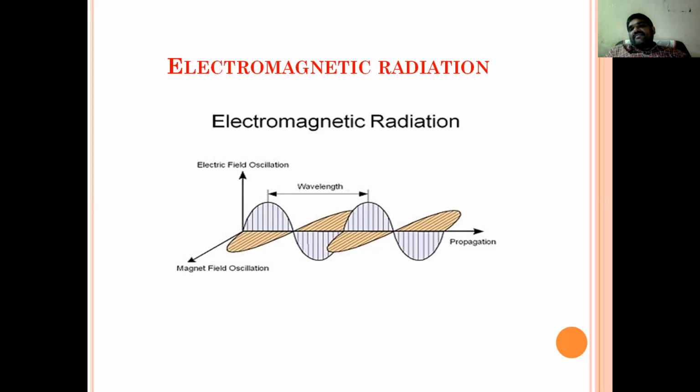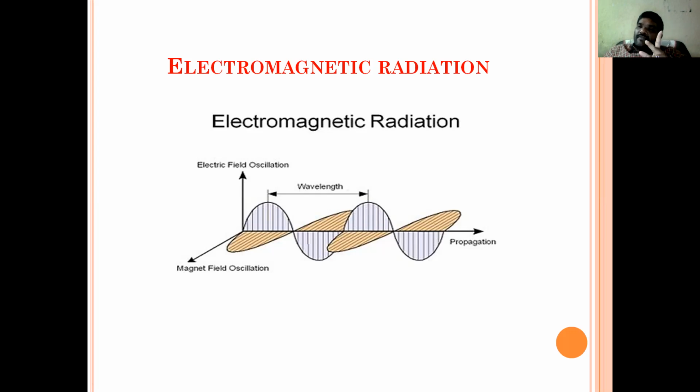And the other one is frequency. The other characteristic feature of electromagnetic radiation is frequency. The number of these cycles passing through one particular point at one particular time is called frequency. Once again, the basic characteristic feature number one is wavelength.